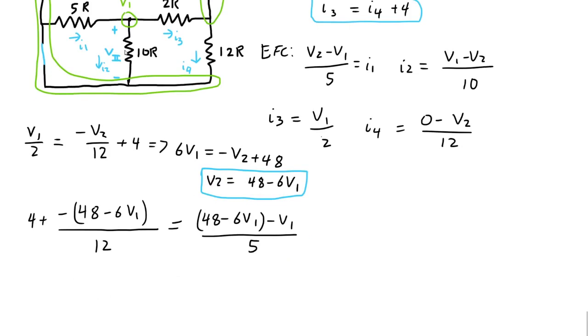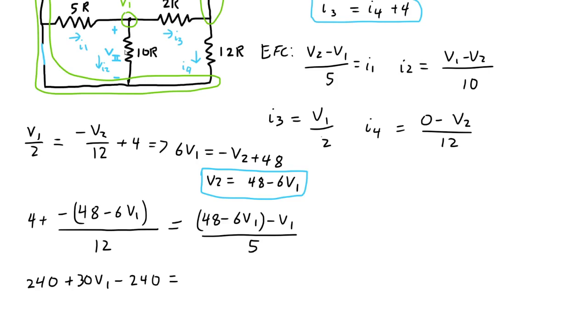So I multiply everything by 60. 60 times 4 is 240, right? Yeah, 240 minus 5 times negative 48. So that's going to be 30 V1, and 5 times 48 is 240, or minus 240, equals 12 times that.